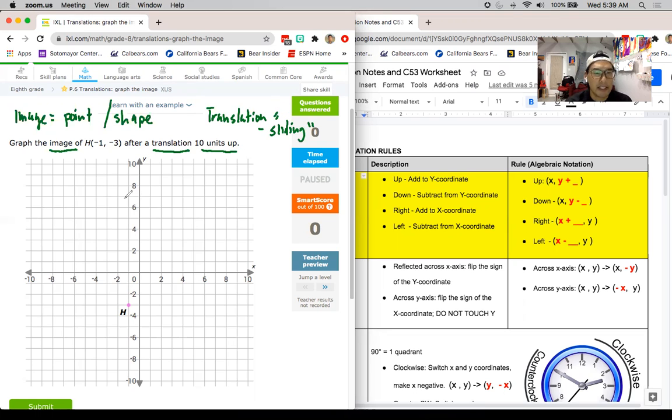Up and down, you're going up or down on the y-axis, up, down, left, and right. And I'm actually going to use a couple of other colors. So I'll use green for up and down, and I'll use red for left and right.